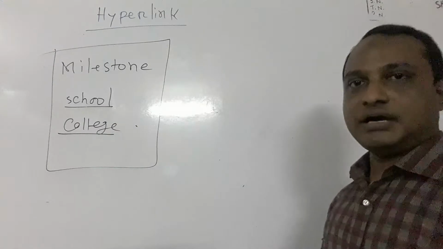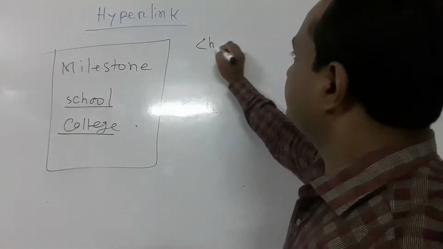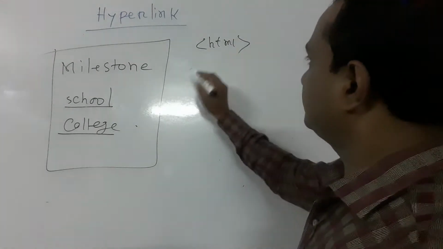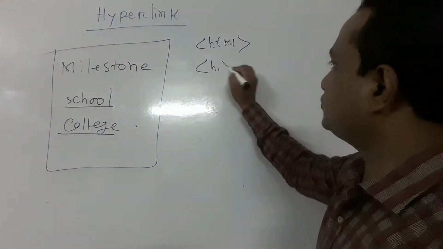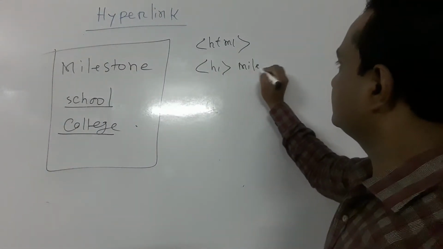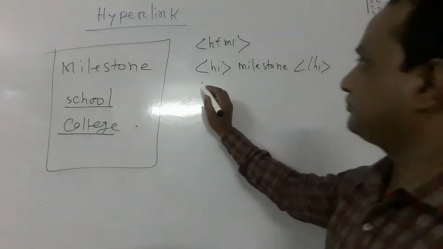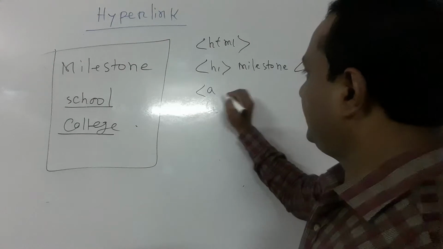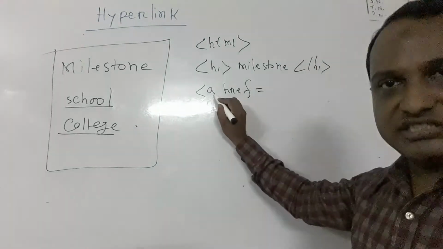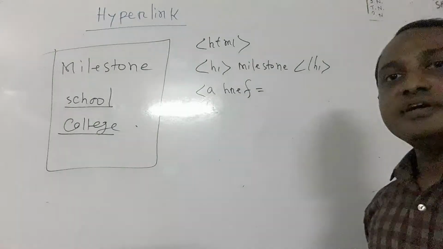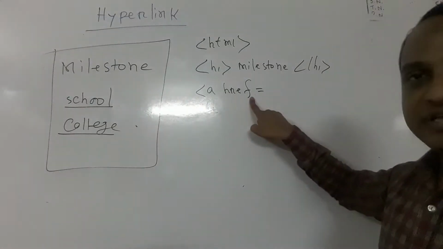For this page, now I will write an HTML code. You see HTML. This is a heading. Milestone is a heading, so I use here H1 Milestone, and A. This is the main command, href. A means anchor, href means hyperlink reference, where hyper means hyperlink, ref means reference.